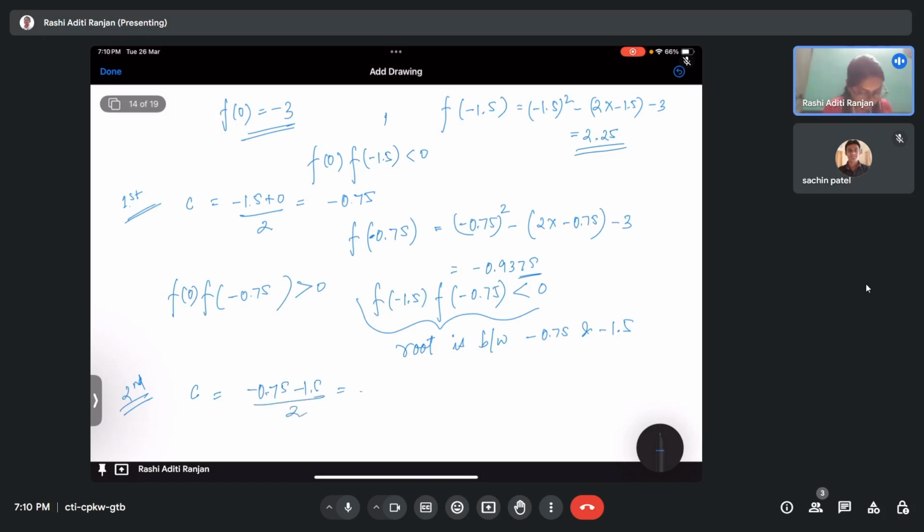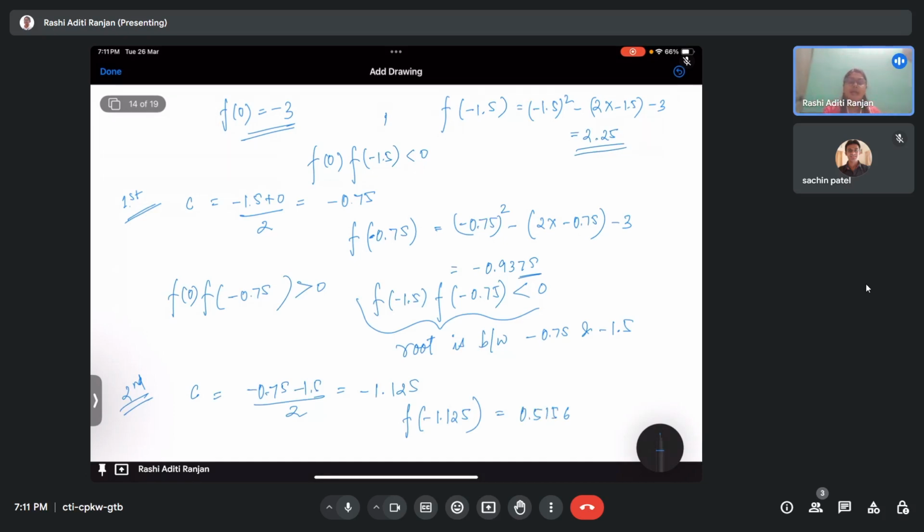Now again, I go for the second iteration, which says that my c is equal to the average, which would give me minus 1.125. Right, and if I now compute the value of f, it would come out to be, now again I have two conditions out of which one should be satisfied. So if you see, now I have minus 0.75 and minus 1.5.